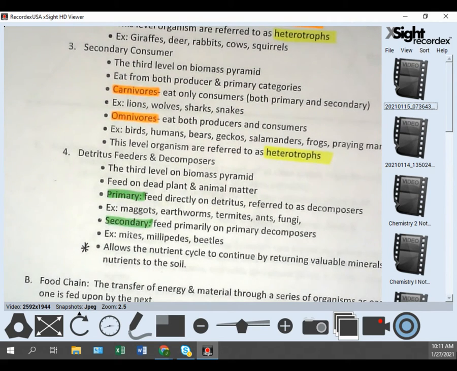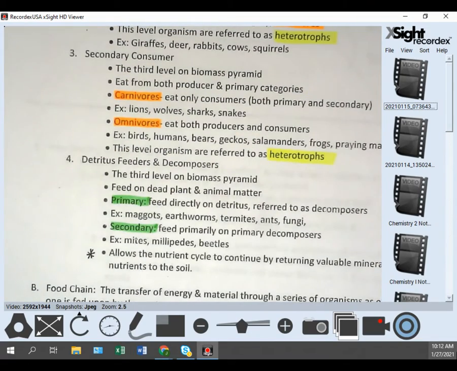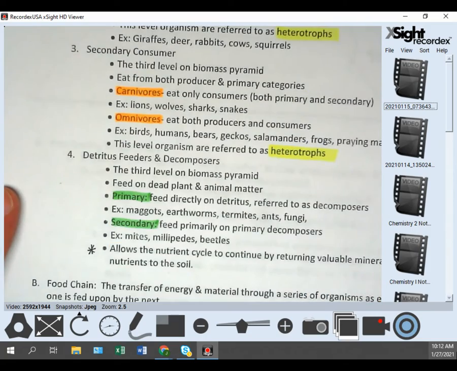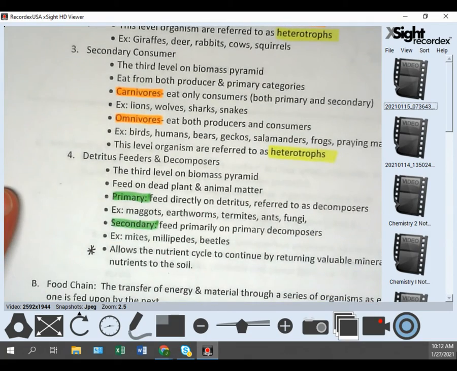Usually that's not perfect, since bags let some air in, but if you don't have bacteria or mold or anything to break it down, it'll essentially stay that way forever. So detritus feeders and decomposers are really super important to continuing that nutrient cycle.